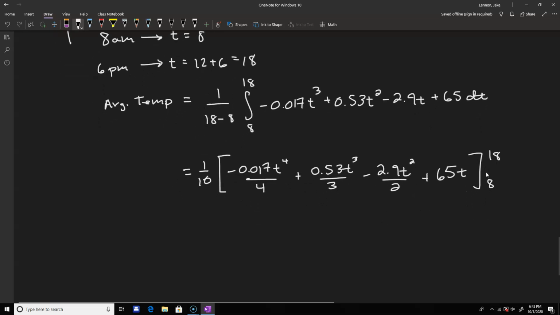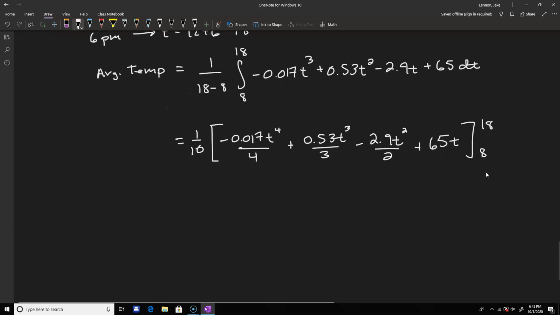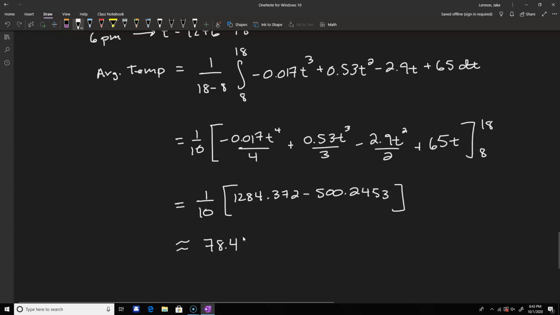I'll write down the numbers you get when you plug those into your calculator so that you can double check the calculation and make sure you type it in accurately. I'm getting 1 over 10, and then I'll keep 3 decimal places so that I can round accurately, so 1284.372 minus 500.24. So this comes out to about 78.4 degrees Fahrenheit. That is the average temperature for that problem.